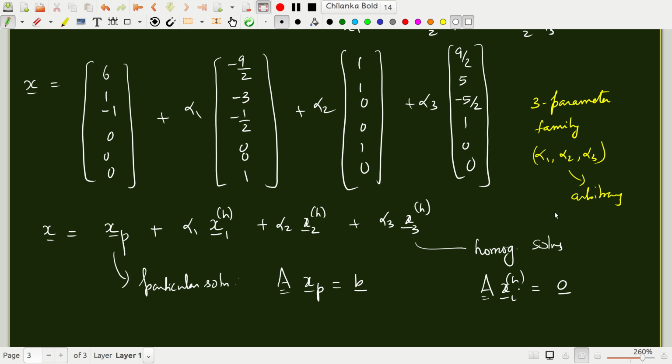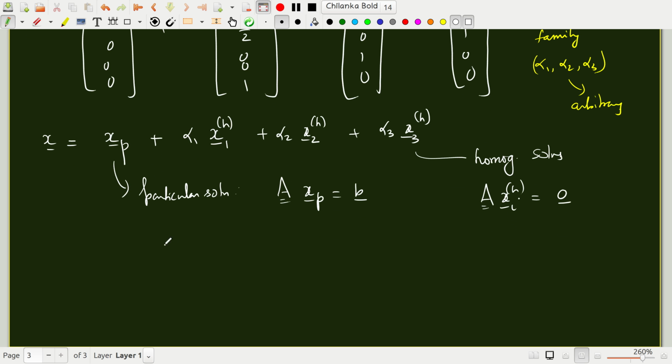Well, if the rank of the original matrix, so if R of A is equal to R of AB is equal to n, then there are no homogeneous solutions. So you will only have a unique solution.